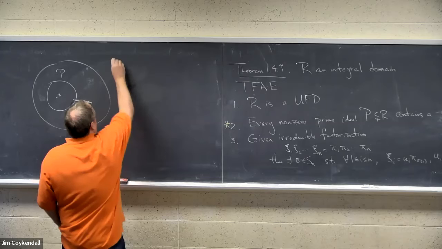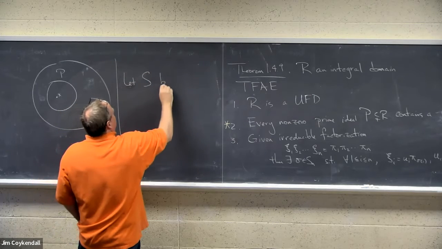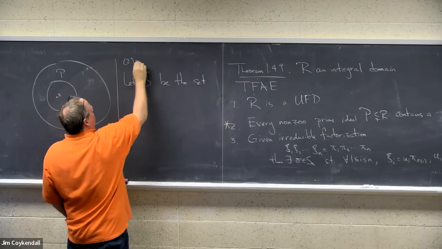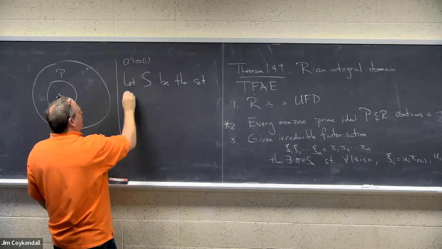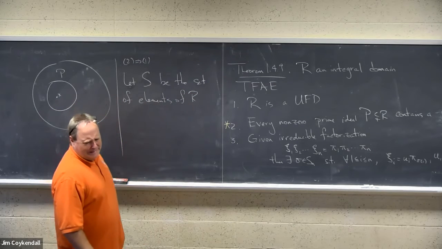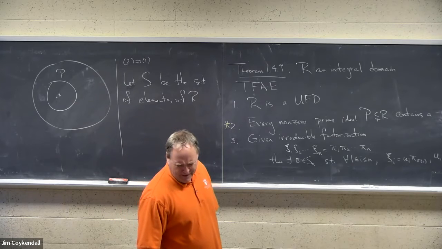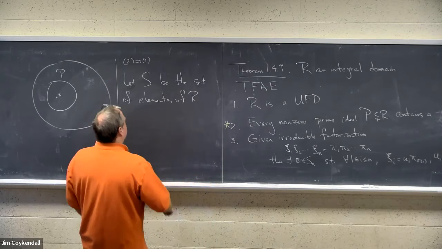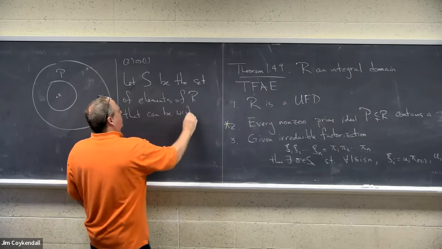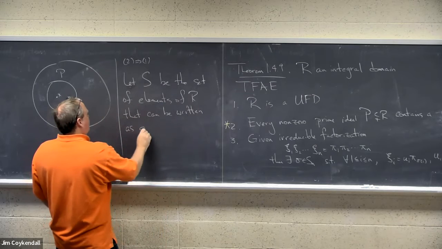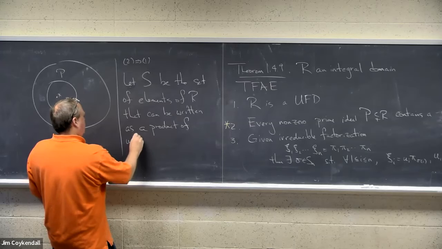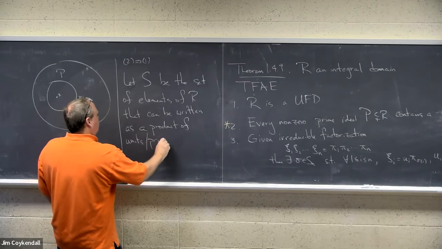So to this end, well, let's do two parts. One, let us define S to be the set of elements of R that can be written as a product of units and primes.